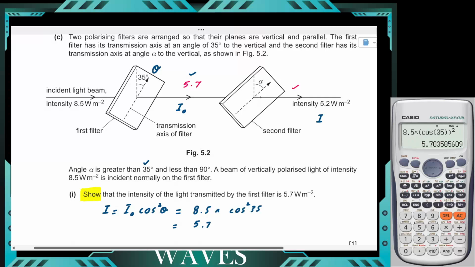The angle needs to be found out, and the angle that we'll be finding would be the angle with respect to the first filter. We were very careful when studying the theoretical part that the second angle is always with respect to the first one. So the new angle would be with respect to the first one, and if we have to find the total angle, we have to add the previous angle 35 also.